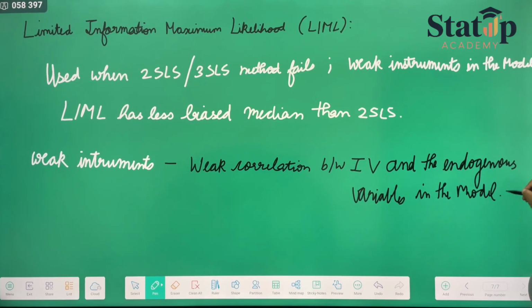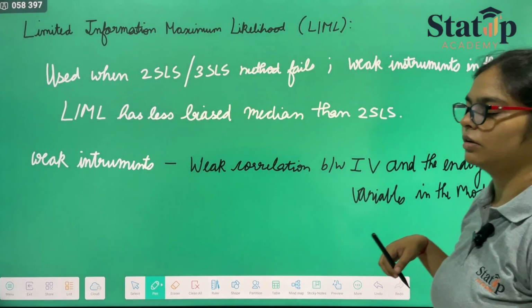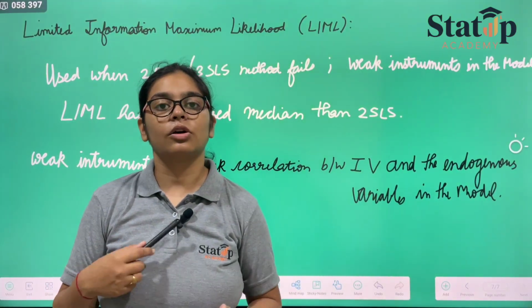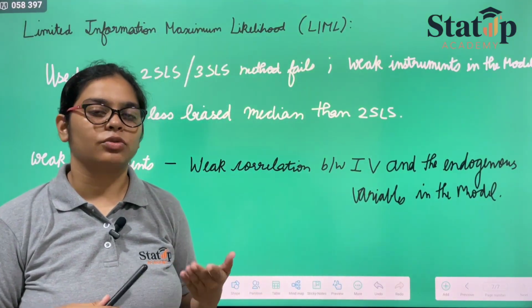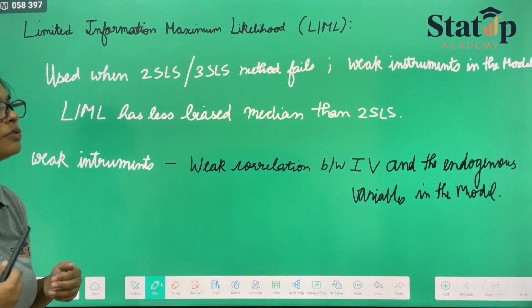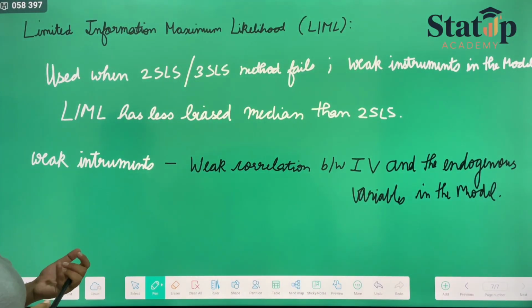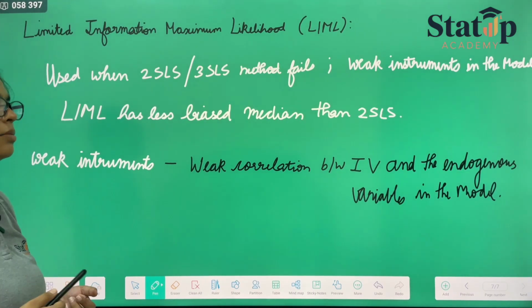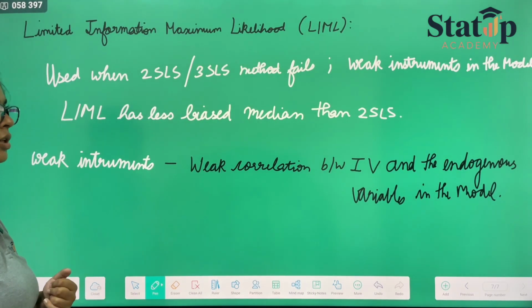So when the instrumental variable and endogenous variable between them, the correlation is weak, then that is known as weak instrument. And hence, this method is used when there is weak instrument in the model and we have LIML has less biased median as compared to 2 SLS.